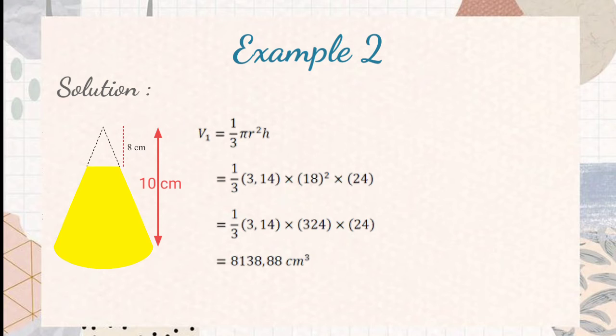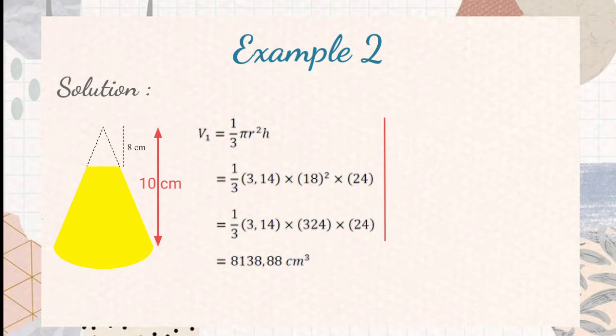We get 1/3 times 3.14 times 18 squared times 24 equals 1/3 times 3.14 times 324 times 24. So, the volume of the large cone is 8,138.88 centimeters cubed.